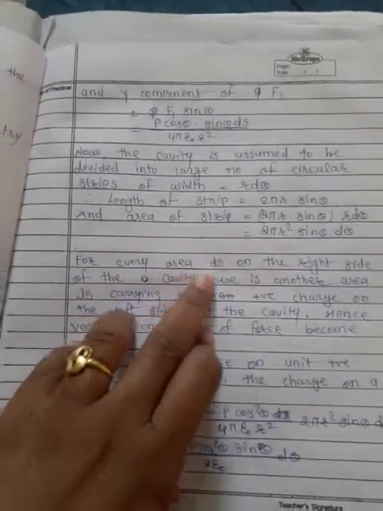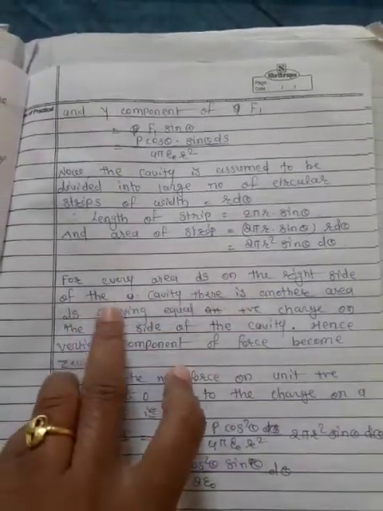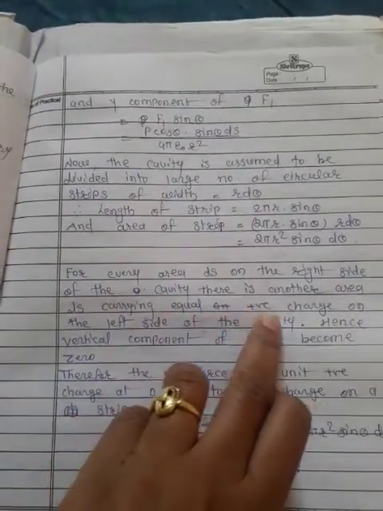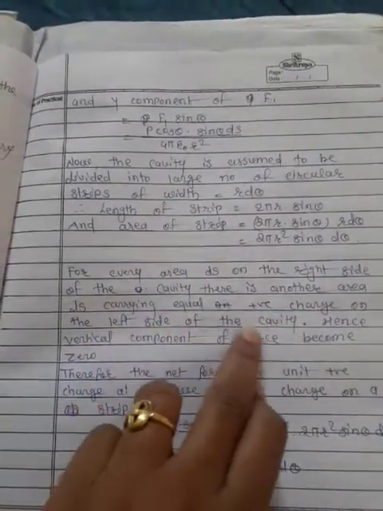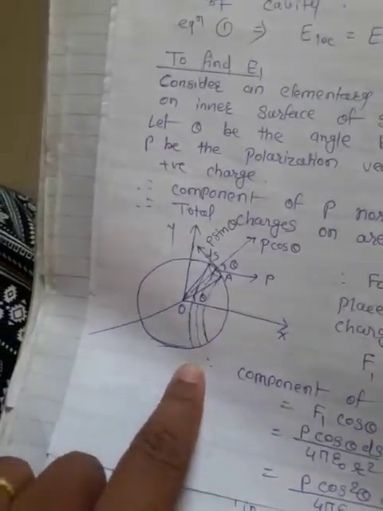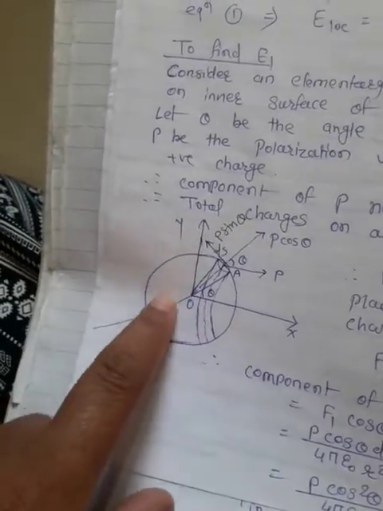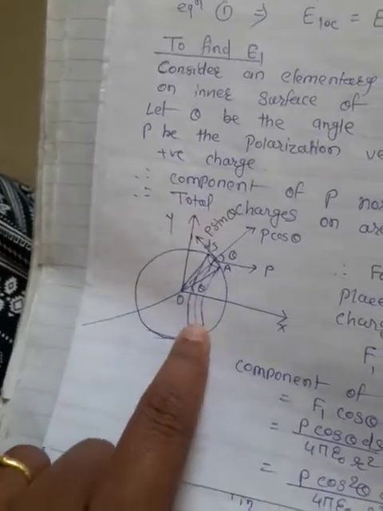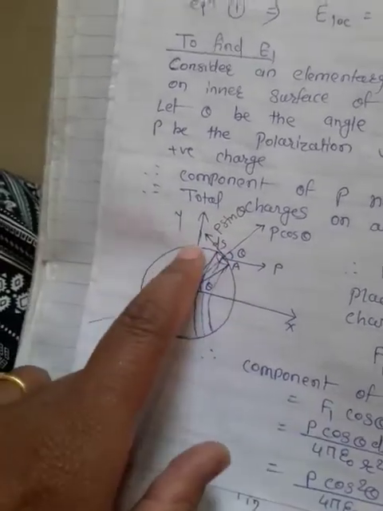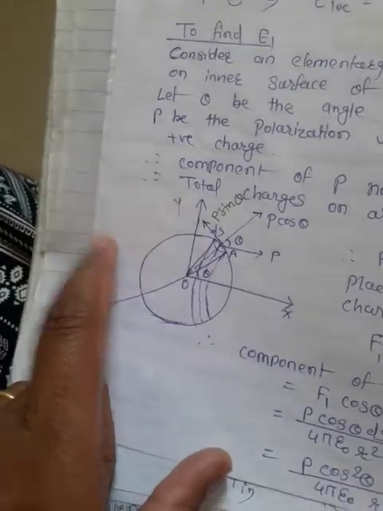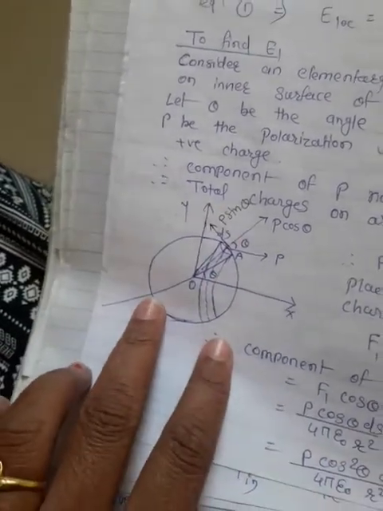For every area ds on the right side of the cavity, there is another area carrying equal positive charges on the left side of the cavity. Suppose we consider the area on the right-hand side, then there is an equal area on the left-hand side carrying the opposite charges. They form equal areas but have opposite charges.